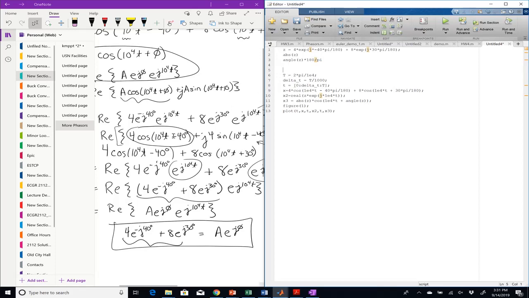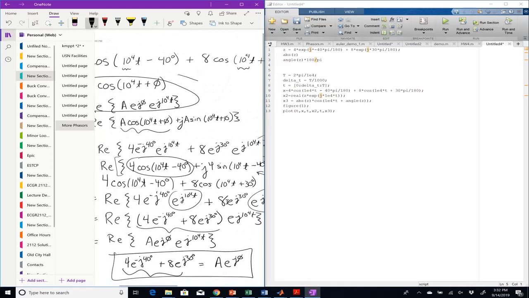Now these time functions have omega equal to 10 to the 4th. It's always the case that omega equals 2 pi f or 2 pi over T, right? So I have 10 to the 4th as my angular frequency. So I have T equals 2 pi over 10 to the 4th.